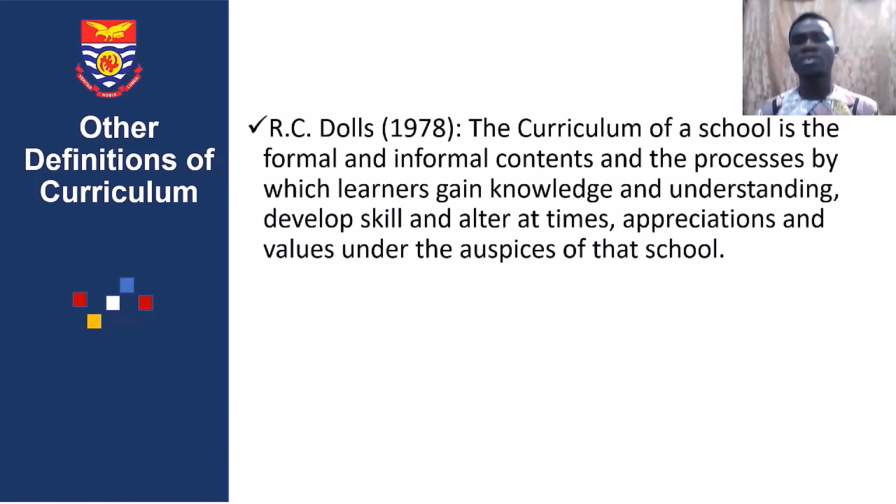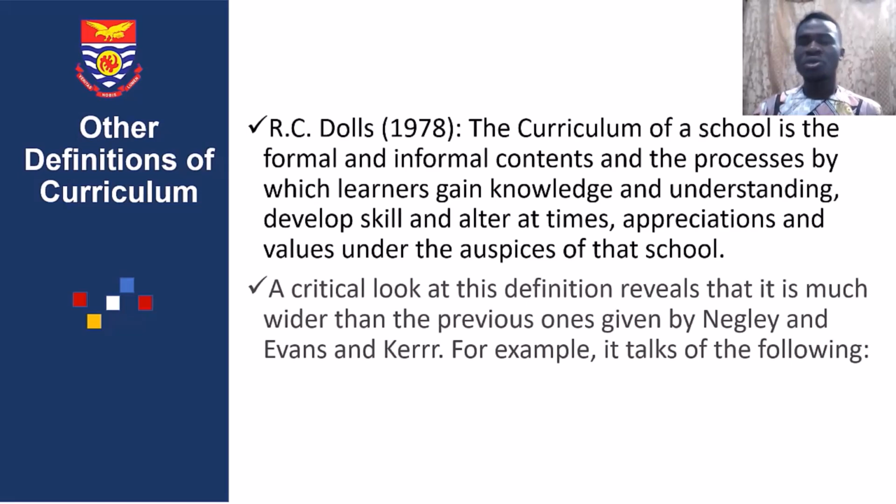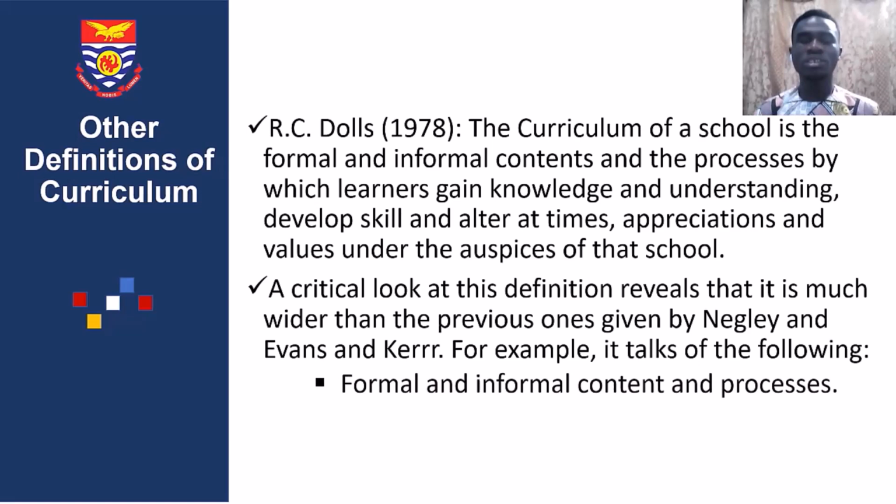When you look at the definition given by Dawes, you realize that it is much wider than the one given by Evans and Negley as well as Kerr, in that Dawes defined the curriculum to focus on the formal and the informal content and processes.